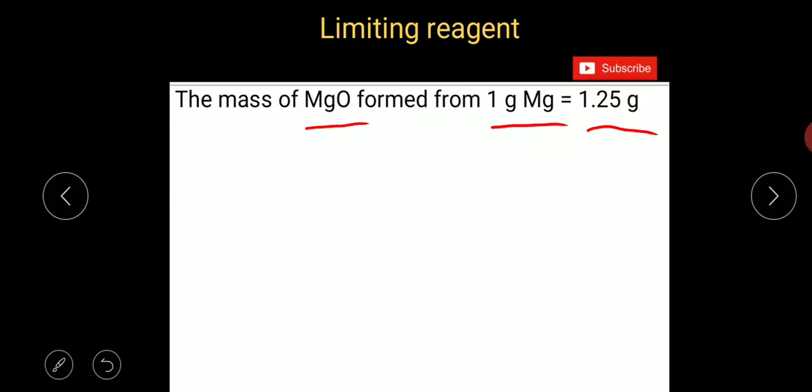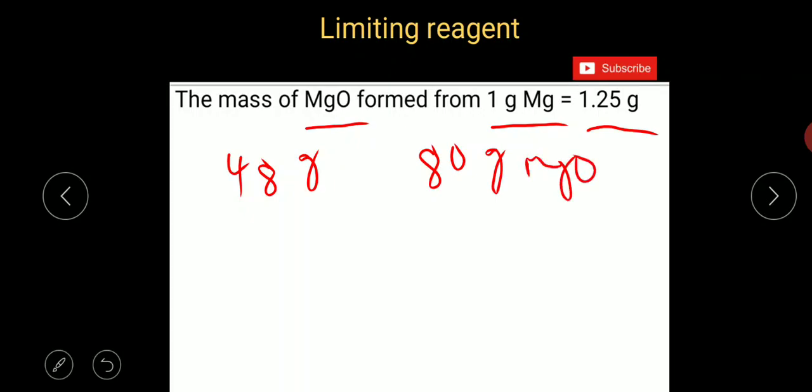In the relation we have seen, 48 grams of magnesium will give you 80 grams of magnesium oxide. So 1 gram of magnesium can give how much? If you find it out, you will get 1.25 grams of magnesium oxide.